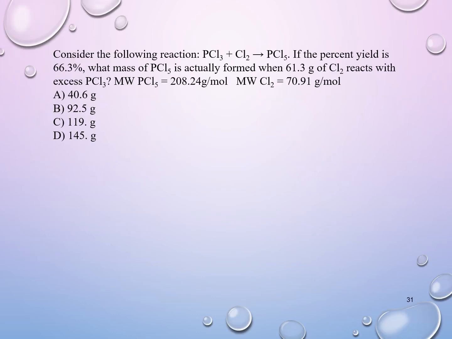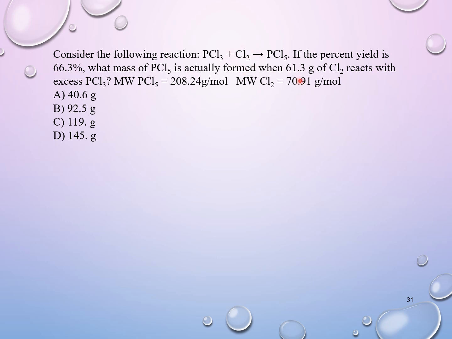So here's another question where we have to do a calculation. They have the following reaction: PCl3 plus Cl2 goes to PCl5. If the percent yield is 66.3%, what mass of PCl5 is actually formed when 61.3 grams of Cl2 reacts with excess PCl3? So remember, they're assuming you have more than enough of PCl3, and you react all of the 61.3 grams of Cl2.